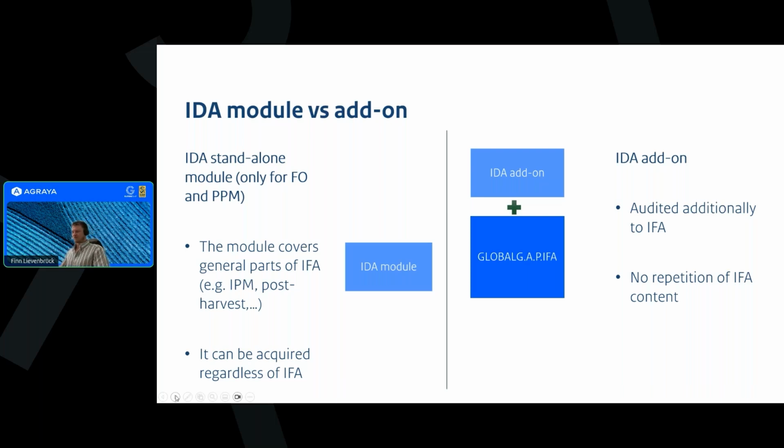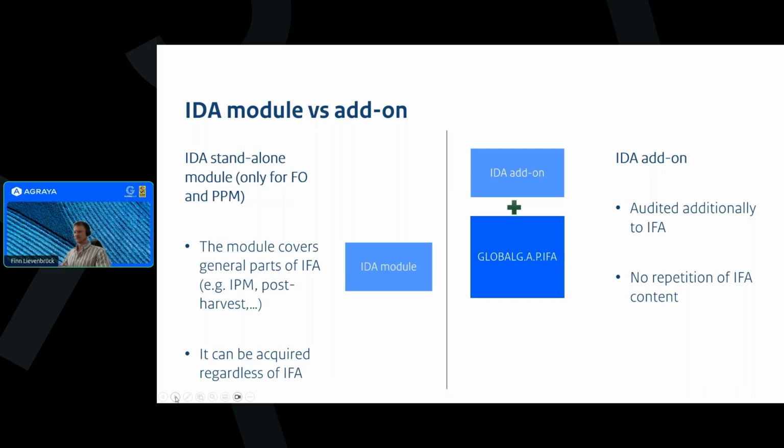For the impact-driven approach, IDA, we actually have two different solutions. On the left side of the slides, there is the IDA standalone module, which currently is only applicable to the floriculture and plant propagation material sector. However, we are happy to open this up also to combinable crops when the demand is there.